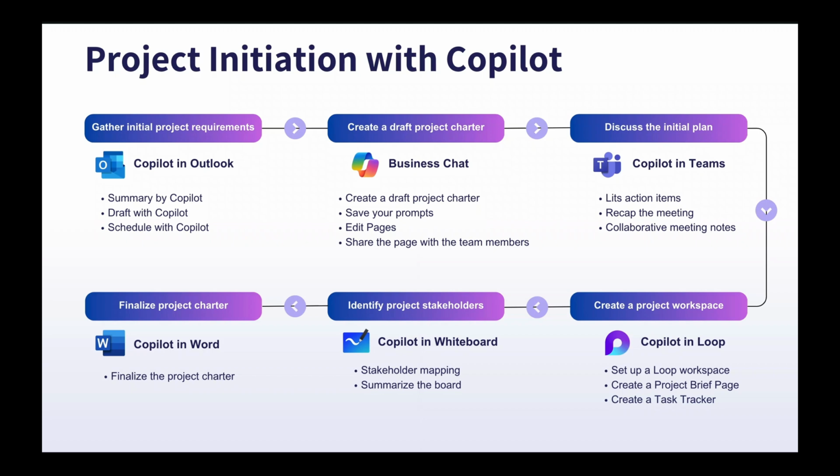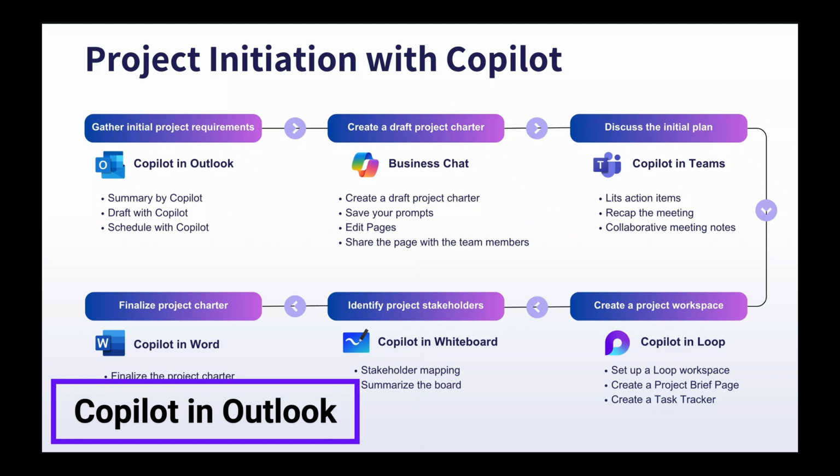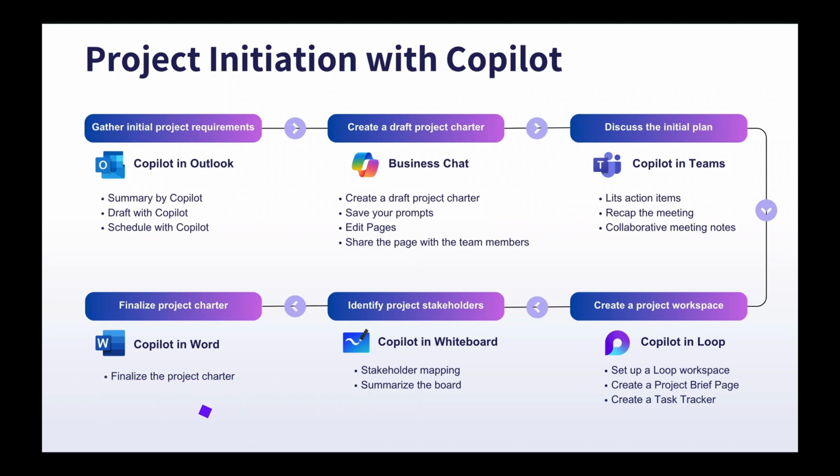And I will also walk through the capabilities of Business Chat, which I think is a really great tool to use. We will have a team meeting using Microsoft Teams, and we will utilize Copilot to identify the list of action items for us. Then we will use those action items to assign tasks. We will also create a Loop workspace for our project, create a project initiation Loop page, and add all the key information.